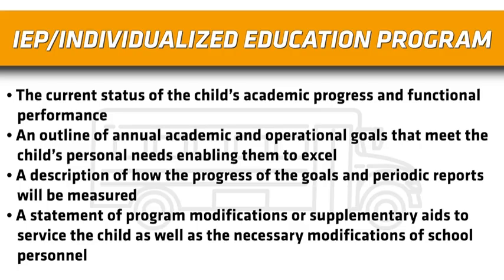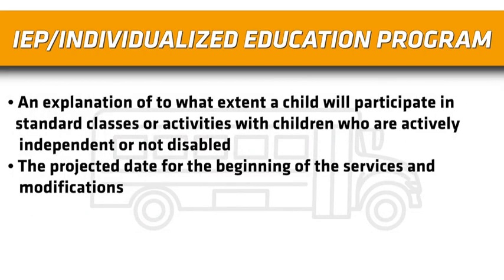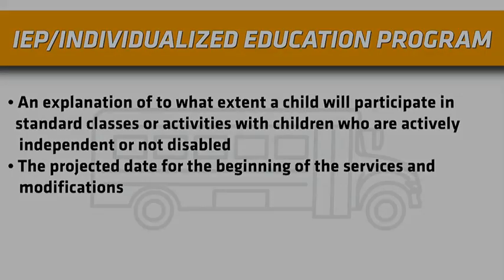a statement of program modifications or supplementary aids to service the child, as well as the necessary modifications of school personnel, an explanation of to what extent a child will participate in standard classes or activities with children who are actively independent or not disabled, the projected date for the beginning of the services and modifications.